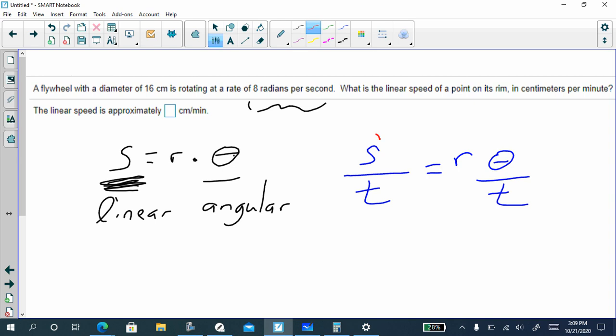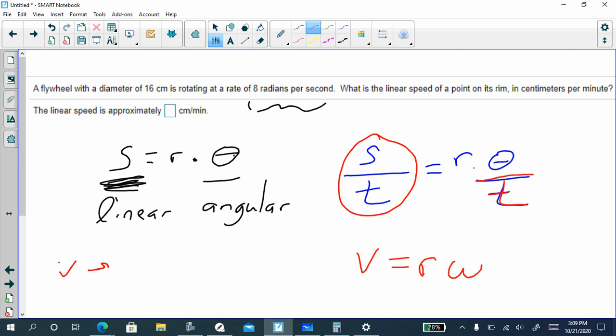on the left side, we have a distance divided by time, which is a velocity, a linear velocity. On the right side, theta divided by t, that's what angle are we rotating through and what amount of time. So that's an angular velocity. And we use the symbol omega.